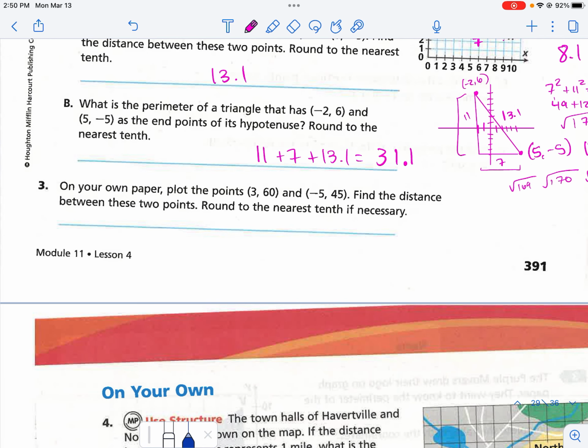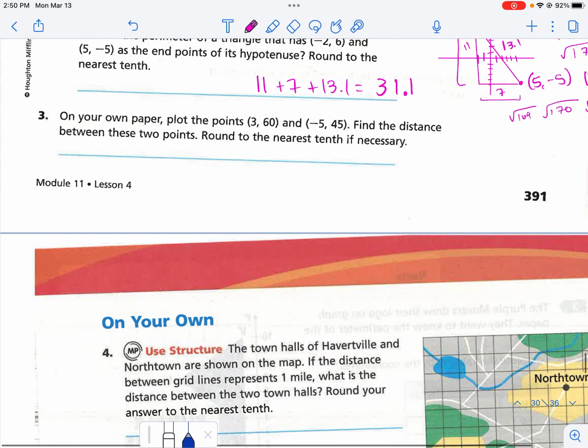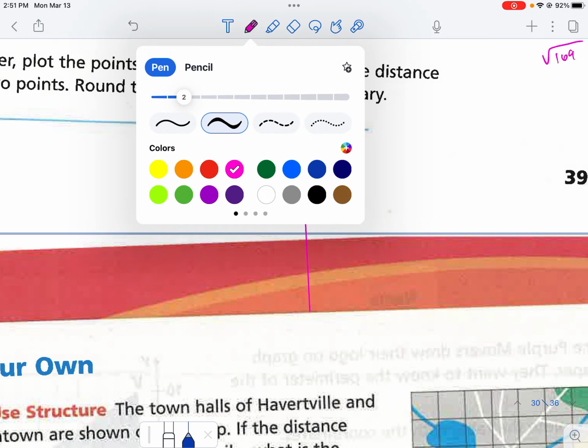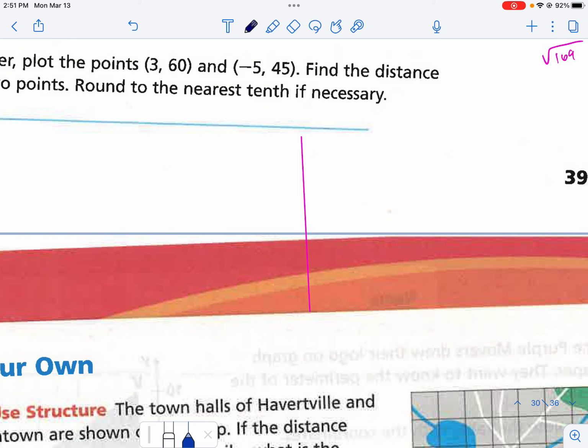Okay, so this next one. Let's see. I don't want to use that color. I'm going to use this color, only because I'm writing in this orange down here.